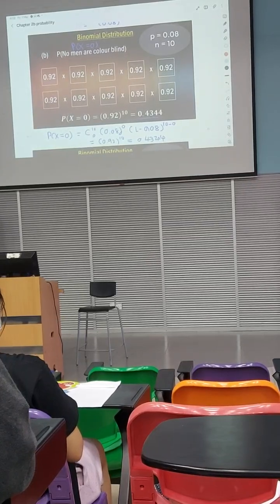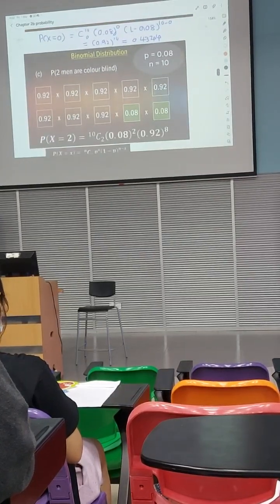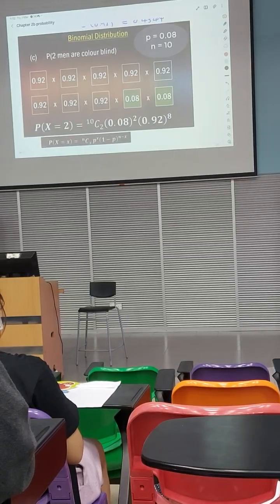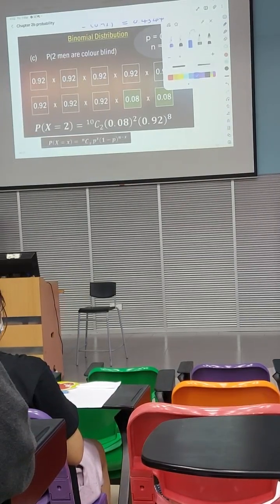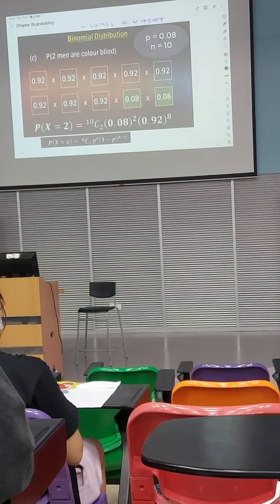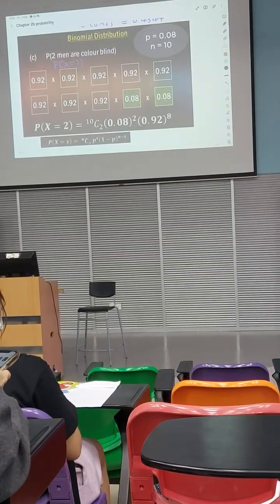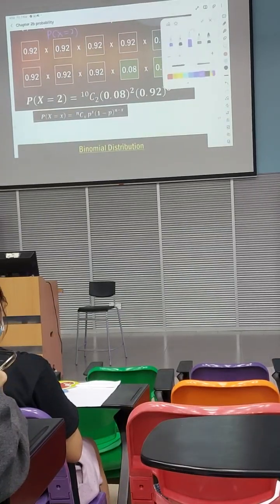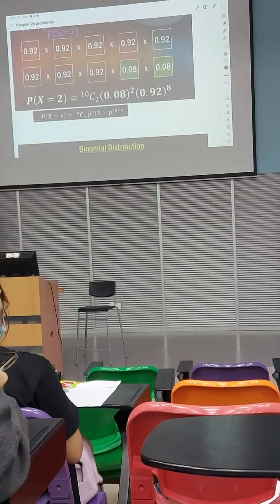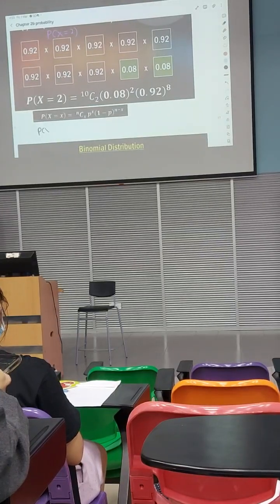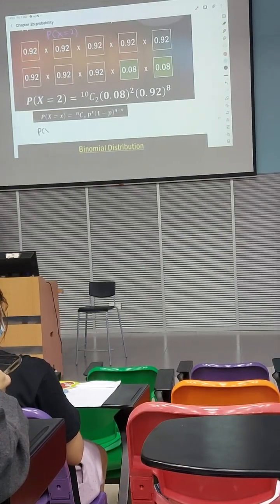Alright, in this case, let us go to C. What is the probability that exactly two men are colorblind? In this case, P(x equals 2). Let us substitute in the formula. So x equals 2, I already have here. What is the answer that you will get from here?